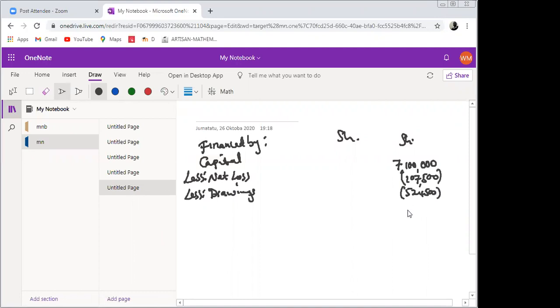We less. Give me the figure for the net capital. $7,100,000. You minus 107,500. You also minus 524,500. 468,000.